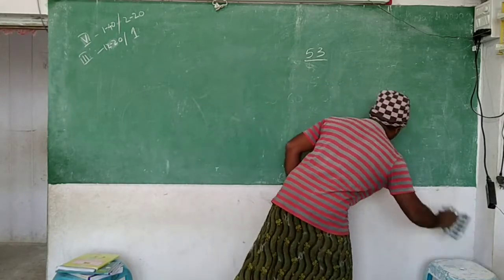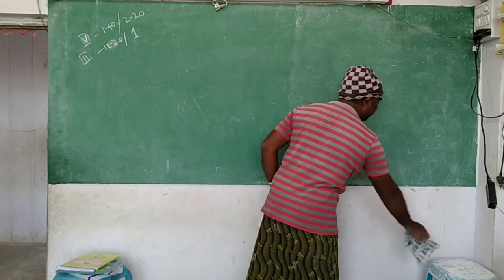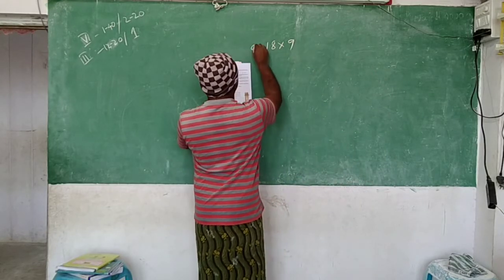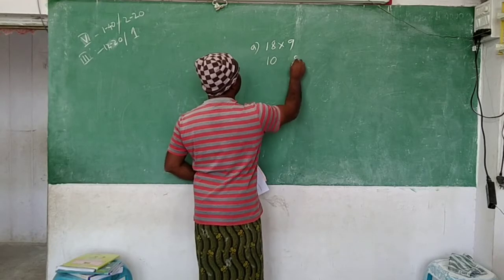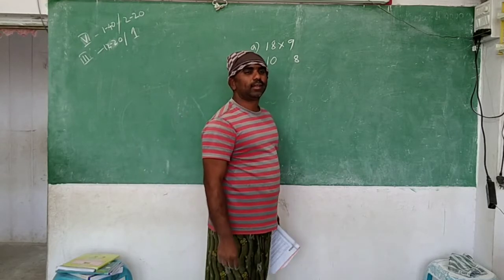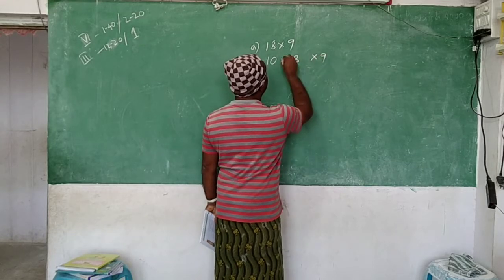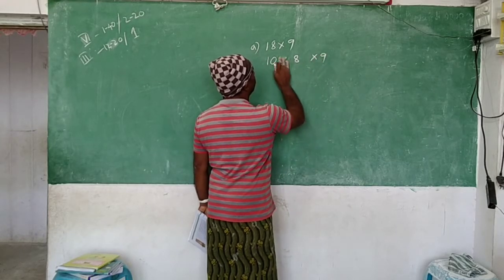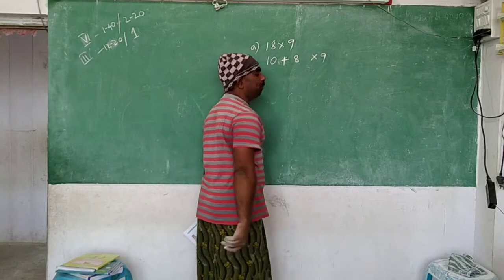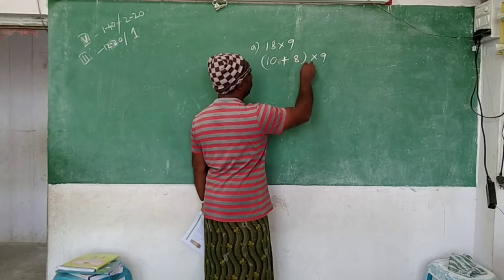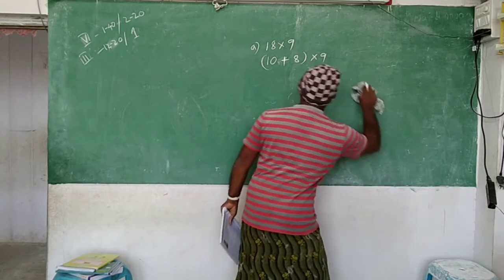I am writing a little bit here. You can do that afterwards. I am not completely writing here. First one is 18 into 9. Means you are splitting 10 and 8 and multiplying with 9. Otherwise, I will make one box, better.